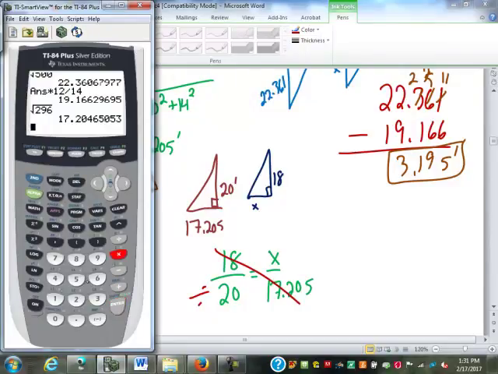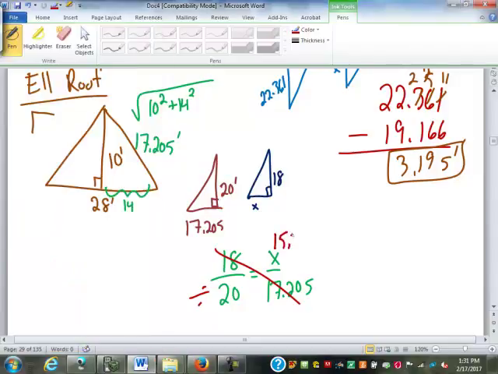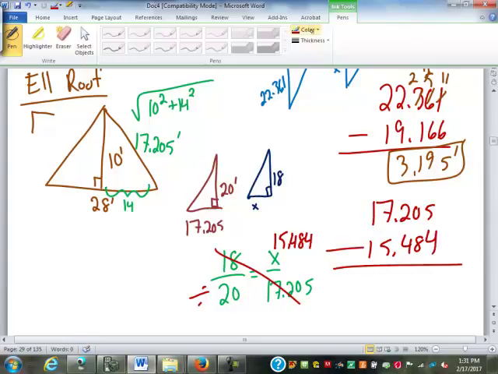So 17.205 times 18 divided by 20 is 15.484. So there's 17.205 minus 15.484, which is 1.721.